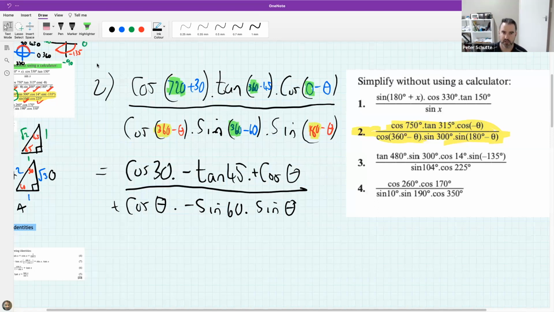I suspect students are going to be wondering about this one.